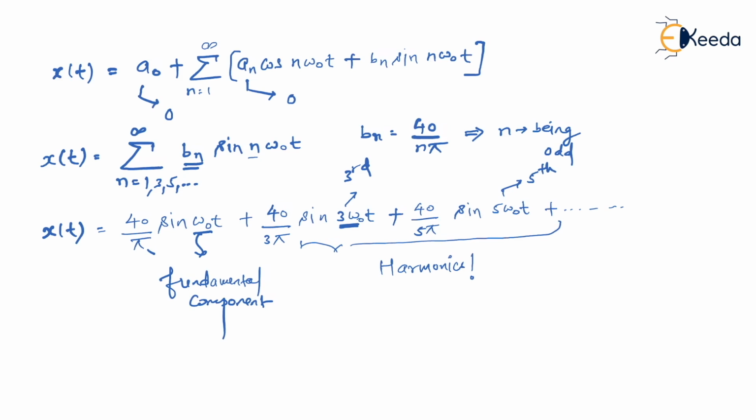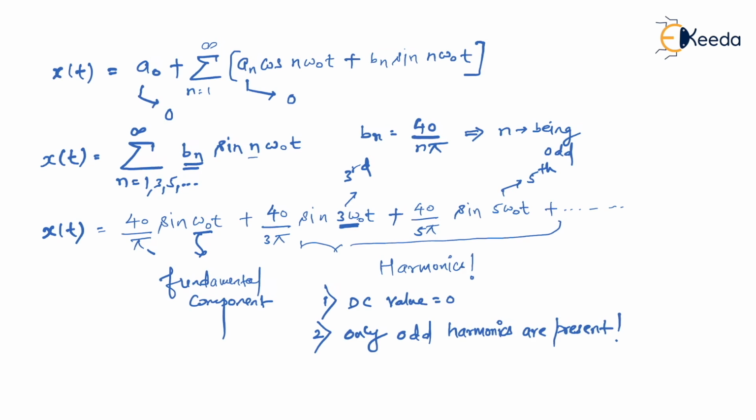Here the DC value became 0 because it was an odd signal, and for every odd signal the DC value is always 0. The first conclusion we have learned is DC value equal to 0. Second, we have understood that only odd harmonics are present. If you remember, these two conclusions were the same even for the question that we solved in the previous video.